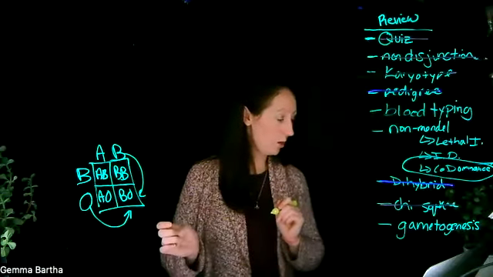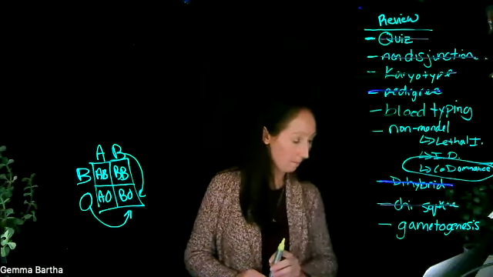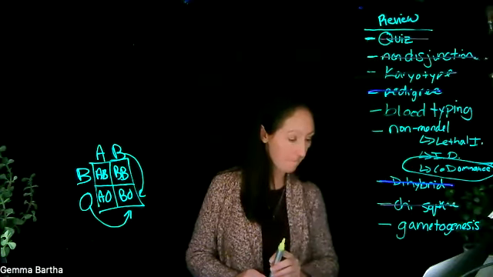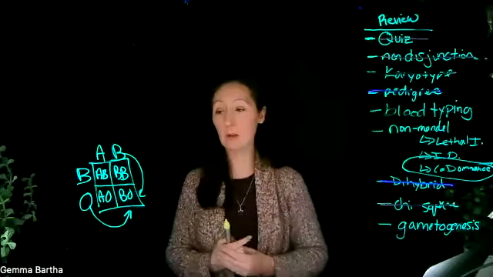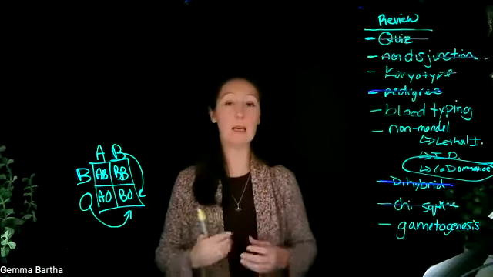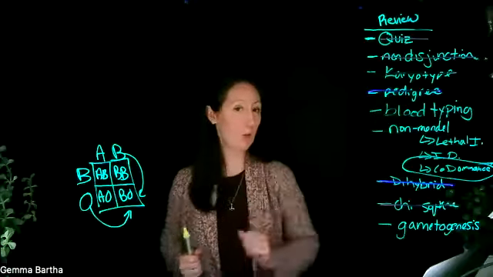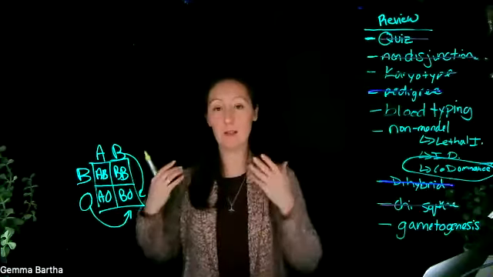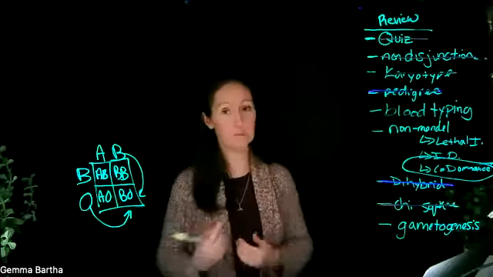Okay, so the person is asking, how did we know that the type B blood had an O? You don't always know. That is something that you would need to know from your parents and your grandparents.